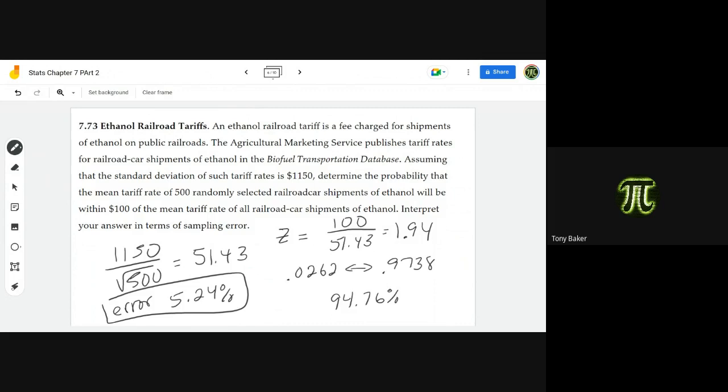So there's a 5.24% chance that I'm wrong and it's higher or lower, so outside of $100 over or under. Okay. Very similar to the baby problem, the weight problem. It's the same concepts, just different work.